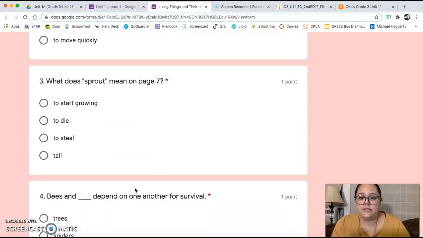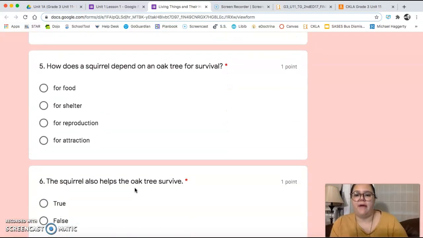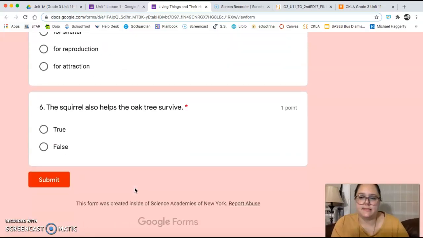Number 3, what does sprout mean on page 7? Number 4, bees and blank depend on one another for survival. Number 5, how does a squirrel depend on an oak tree for survival? And number 6 is true or false. The squirrel also helps the oak tree survive.